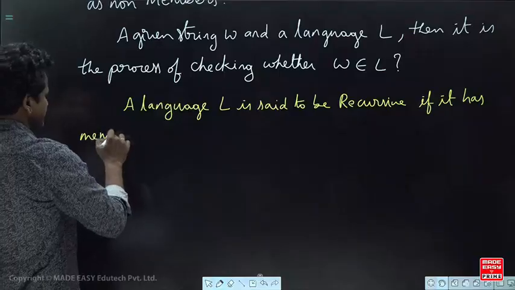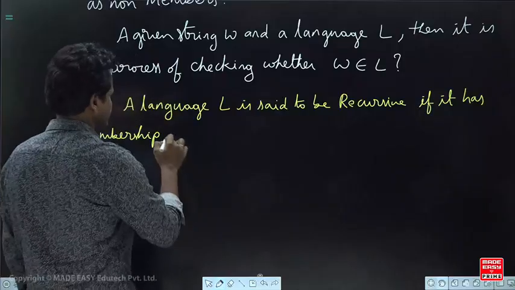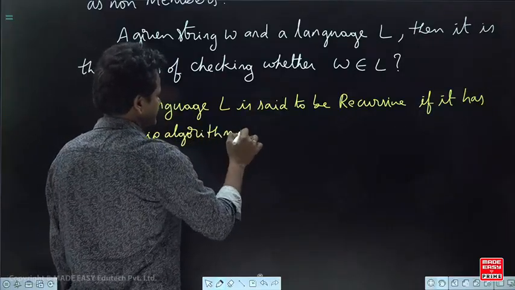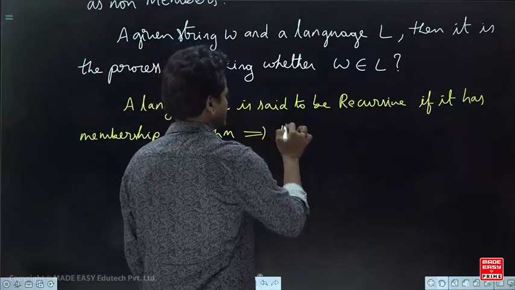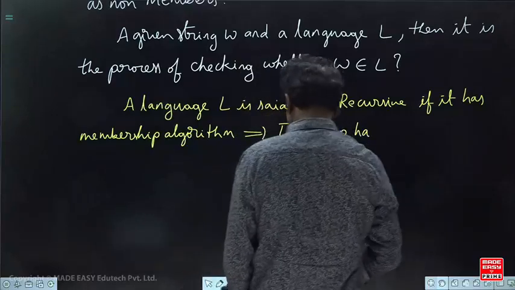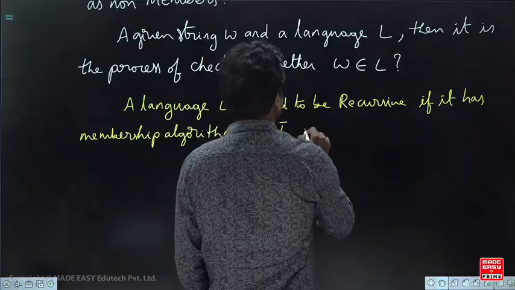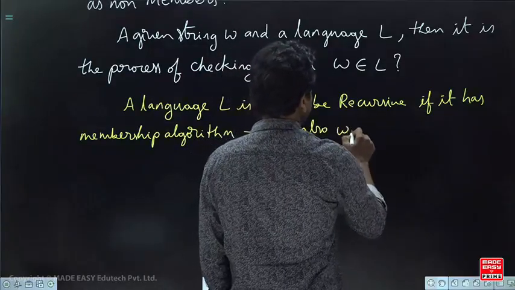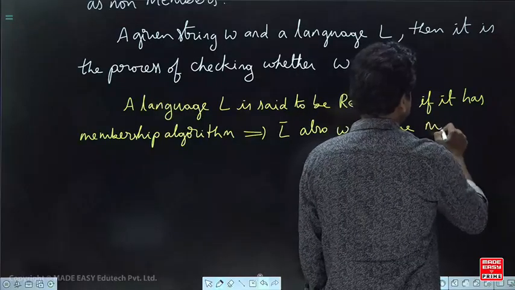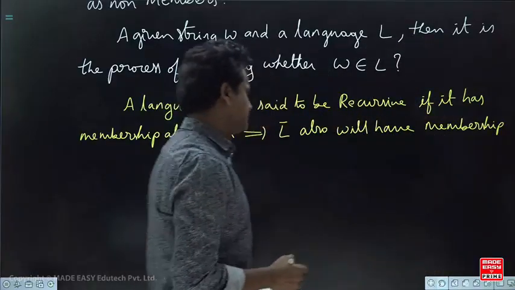So definitely if a language L has membership algorithm, it implies its complement L bar also will have membership algorithm.